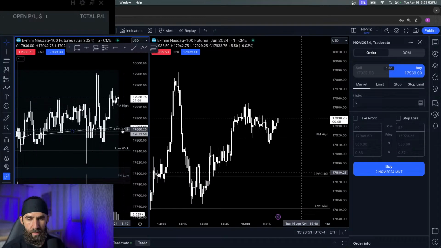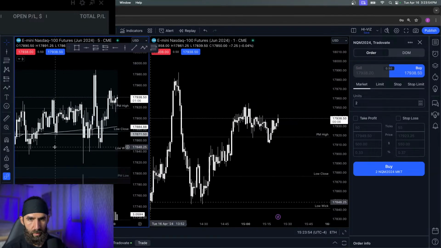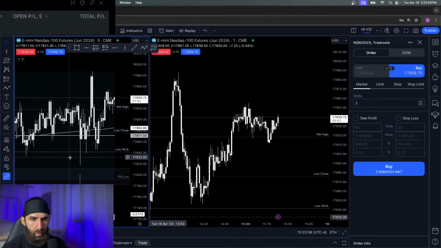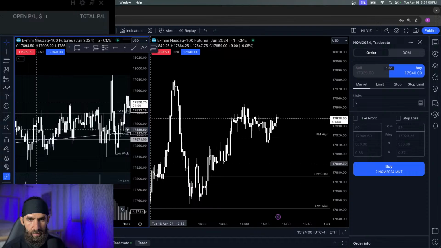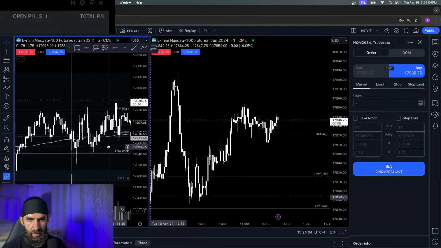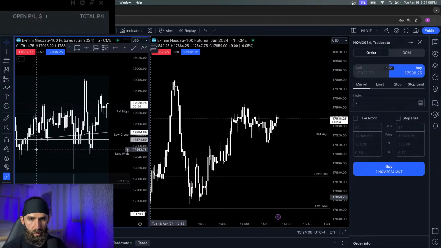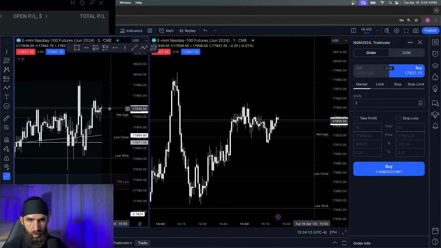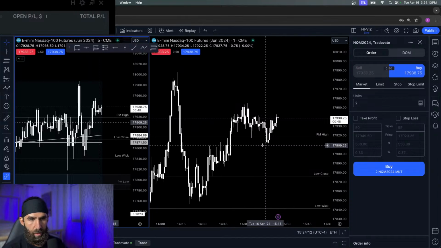This, to me, looks like it wants to move up. Like, again, if I'm over here looking at the 5 minute, I note the closes. I note the wicks. I see how this has moved. It looks like buyers are dragging price north. I don't know if and when it will continue. It looks more likely to continue its run up on the low time frame.